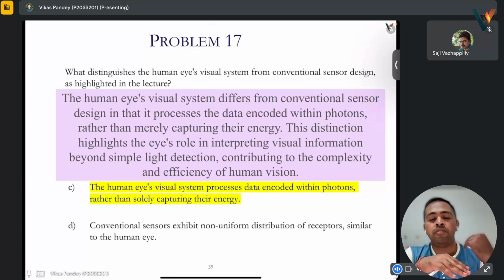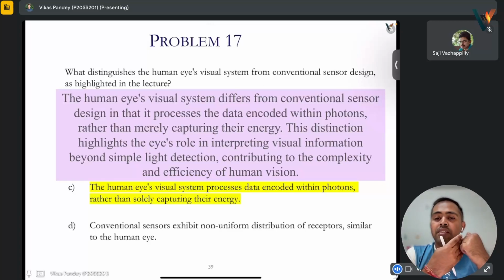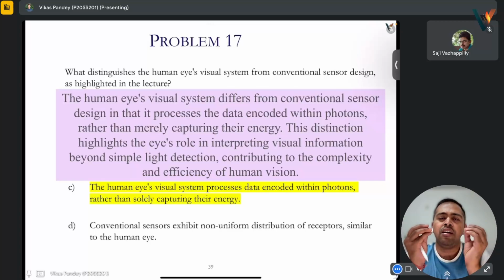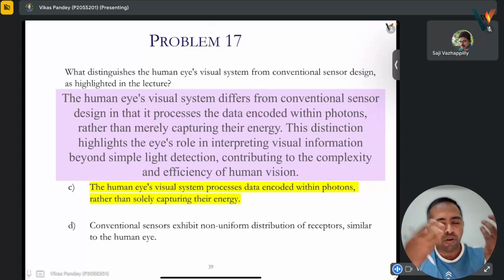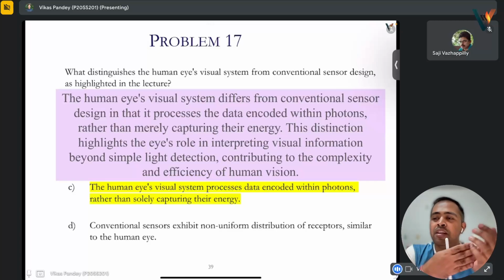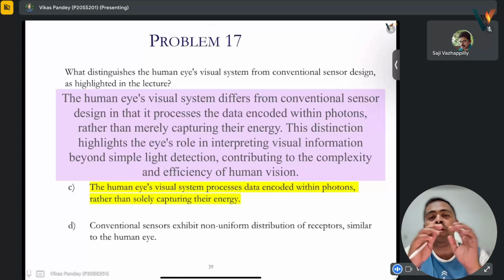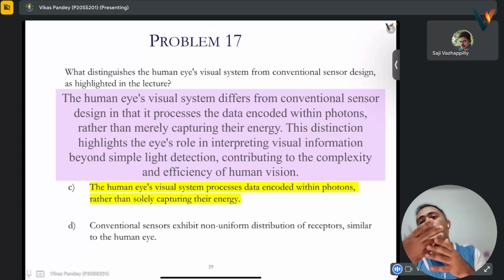Human vision is much more complex than that, as we can see from the structure of the rods and cones. They are non-uniformly distributed, and that makes it much more advanced. Whereas in the case of lenses, the whole sensor is uniform.